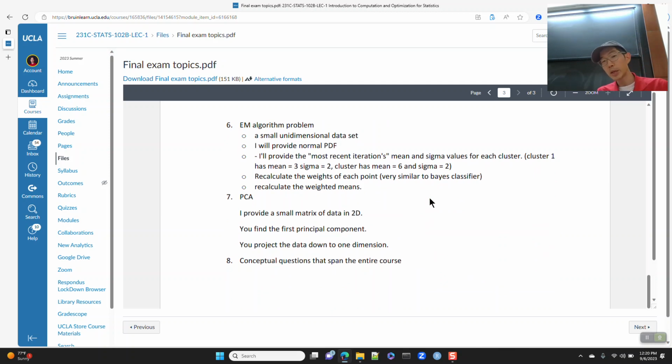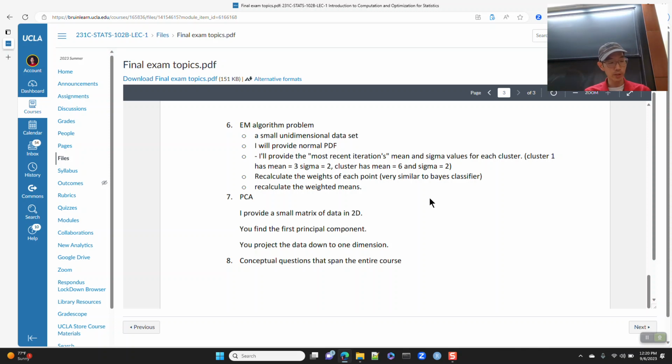EM algorithm. The EM algorithm is used for an unsupervised learning problem, and we will cover it in today's lecture. In today's lecture, for the EM algorithm, we're going to look at 2-dimensional data.